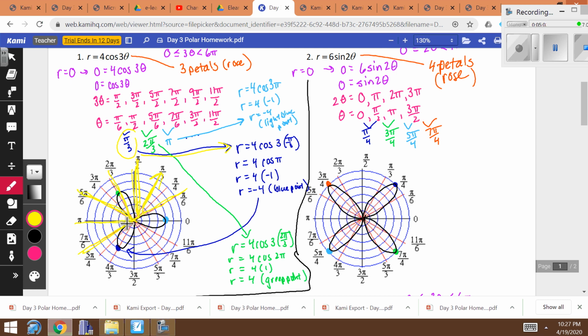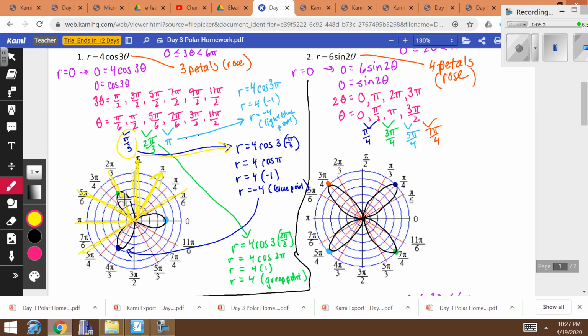If you're going between 7 pi over 6 and 3 pi over 2, right? If I'm looking at those, 4 pi over 3 would be that middle point there. But if I plug in 4 pi over 3, we're going to get positive 4 out of it. And so I get the point right here. And then again, the next one's going to be at 5 pi over 3, but that's going to be negative 2 or negative 4.